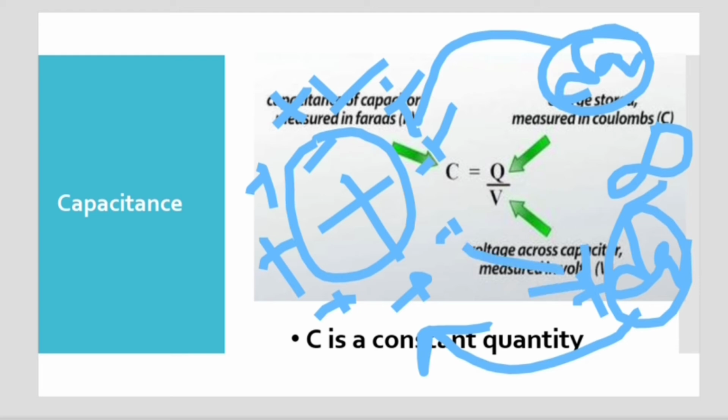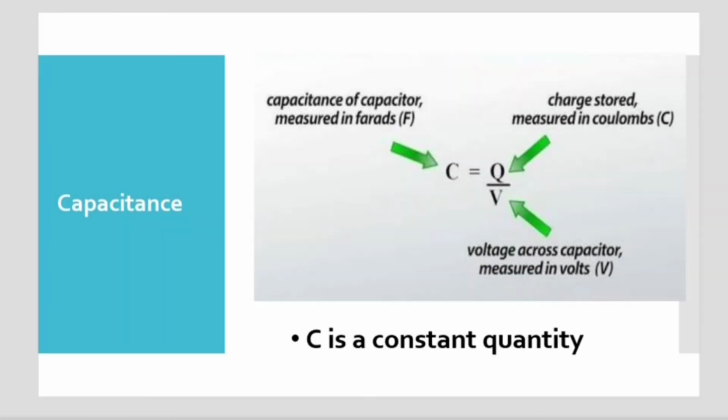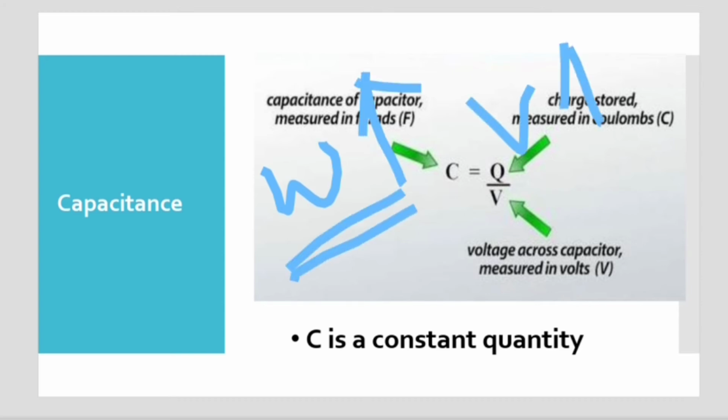So the work done will increase, because this time we need to do work against the repulsive force. First time also we need to do some work, but this time the work done is much more. Again, if I am trying to add another charge, then also the work needed will be more. So we can see here the work done is increasing. If the work done is increasing, then V will also increase, right?